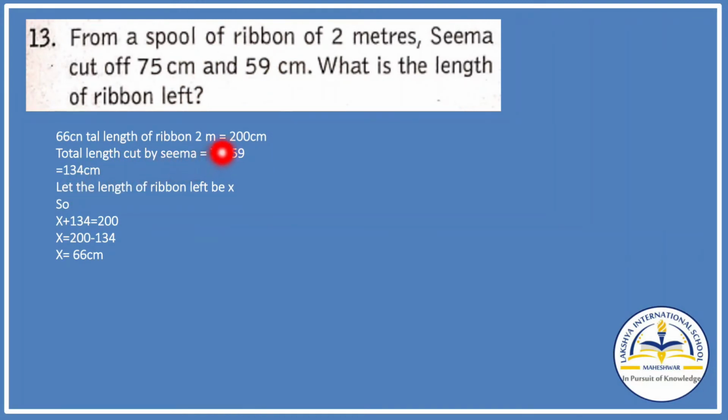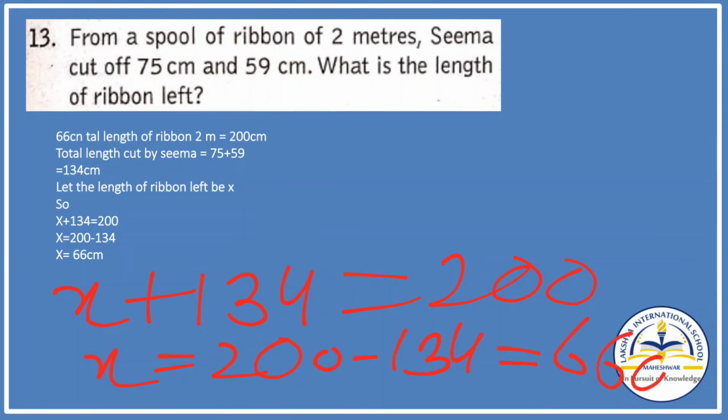Now we know that 2 meters is 200 centimeters. So you can write x plus 134 equals 200. Now x equals 200 minus 134. It means 66 centimeters is the length of ribbon left.